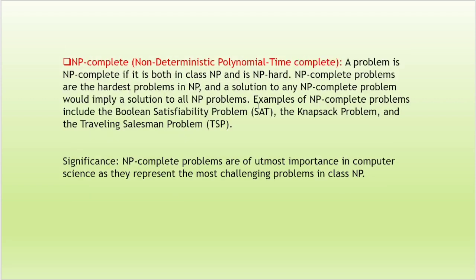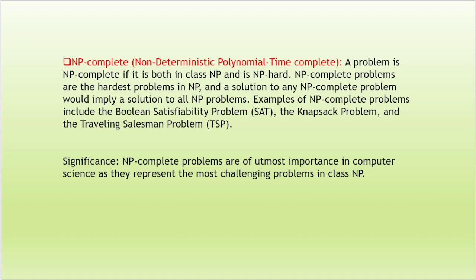NP-complete, non-deterministic polynomial time complete. A problem is NP-complete if it is both in class NP and is NP-hard. NP-complete problems are the hardest problems in NP, and a solution to any NP-complete problem would imply a solution to all NP problems.